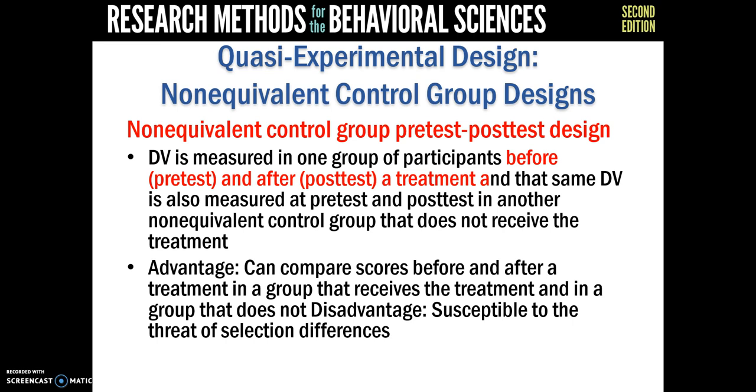Again, the only disadvantage is that it's not randomly selected. Your participants are selected due to certain pre-existing conditions or variables that they have, so you can only apply the findings to the general public with caution.